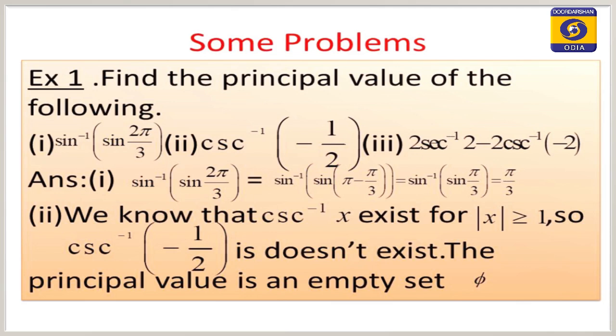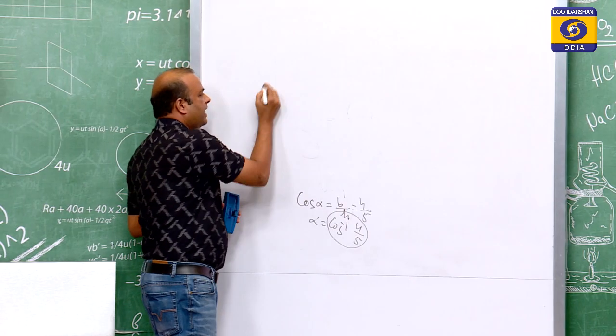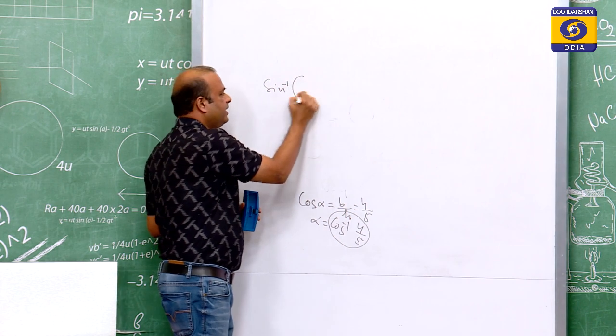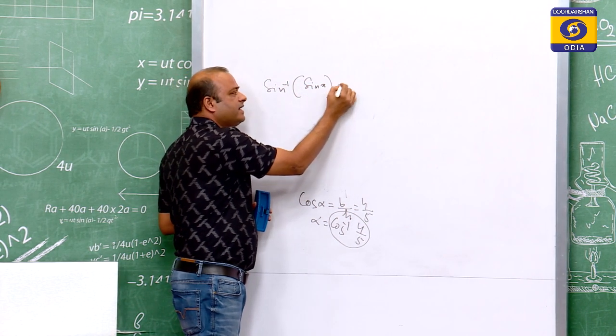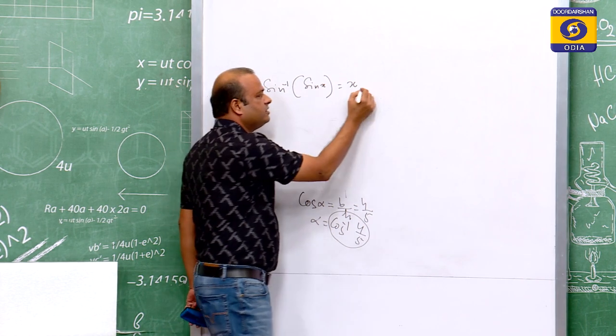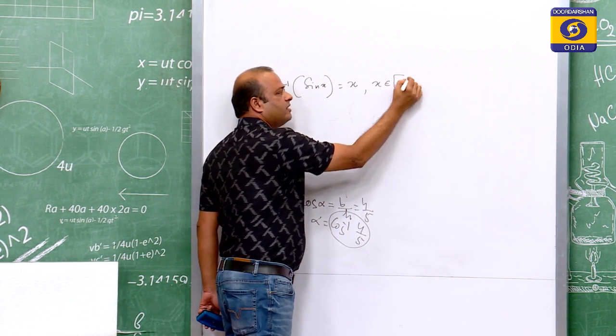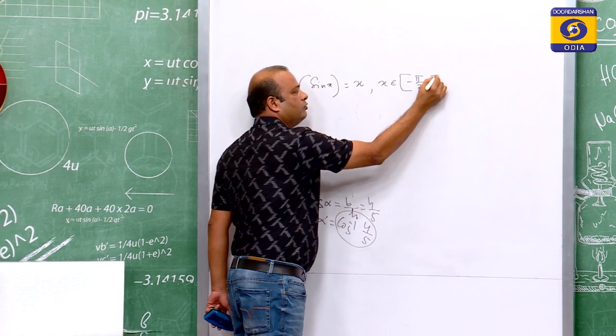So, here are some problems for you. Using the above properties that I have discussed, you can work out the problems. Let us see example 1. Find the principal value of the following inverse trigonometric functions, that is sin inverse sin 2 pi by 3. You know sin inverse sin x, you can write it as x, but the restriction is x belongs to minus pi by 2 to pi by 2.